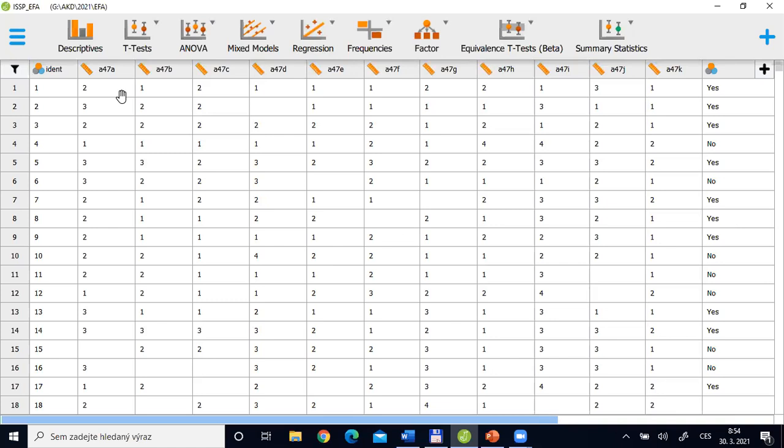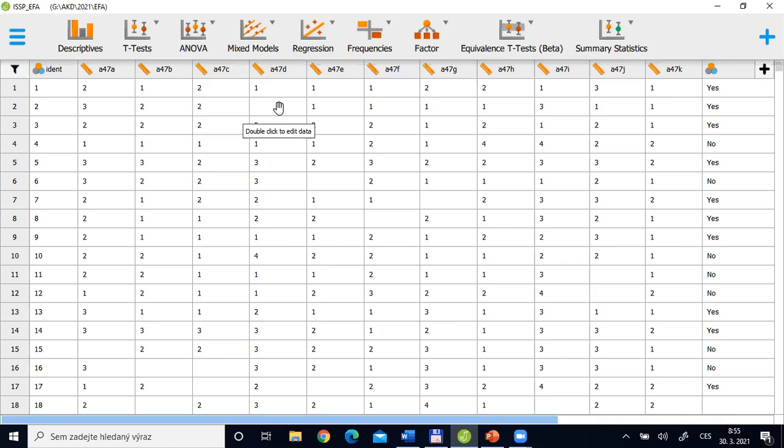And the second option, which may be quite easy for those of you who wouldn't like to prepare programs, is to use a software package which is called simply Factor. It is a very nice freeware based on clicking, it means a system of menus, which is also free, and it covers also procedures for short scales.